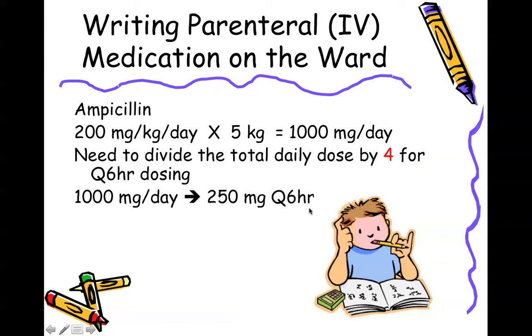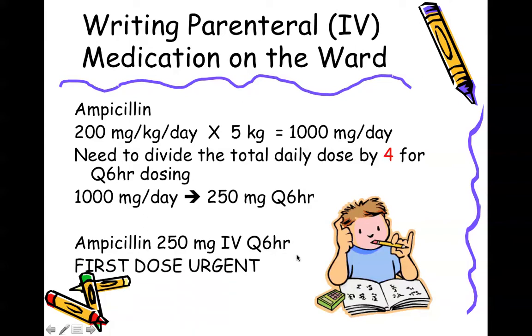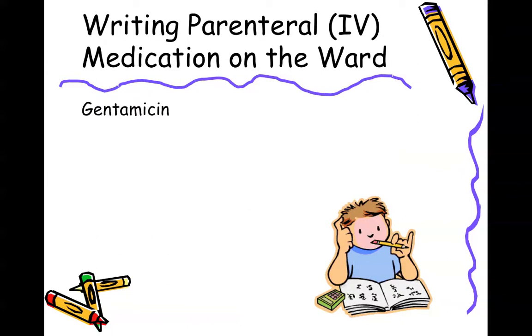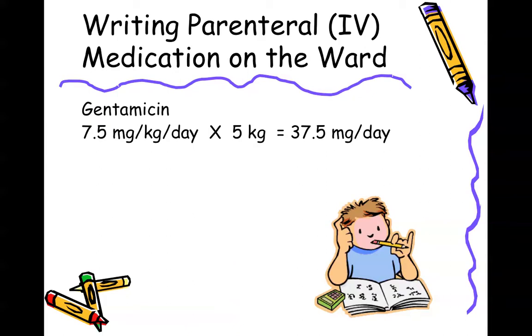And this is an IV med. So your final prescription order should have been ampicillin 250 milligrams, IV is the route, Q6 hours. And again, you must specify that the first dose should be urgent, and this will again prioritize this medication for this baby. For gentamicin, we said that this dosage amount was 7.5 milligrams per kilogram per day, and you have a 5-kilogram baby, and that math, if you multiply that, works out to 37.5 milligrams per day.